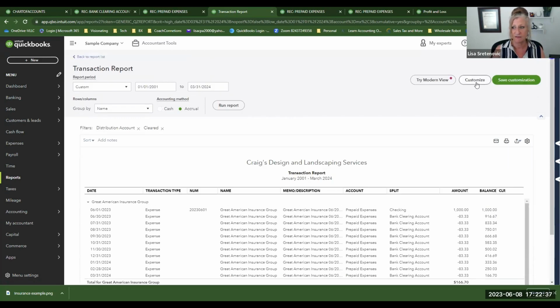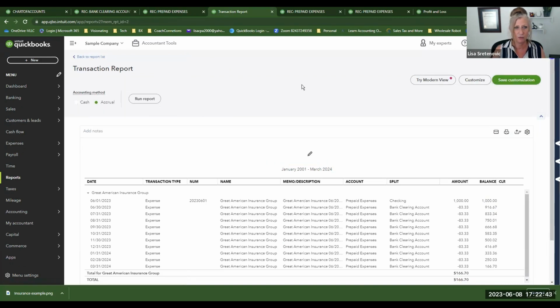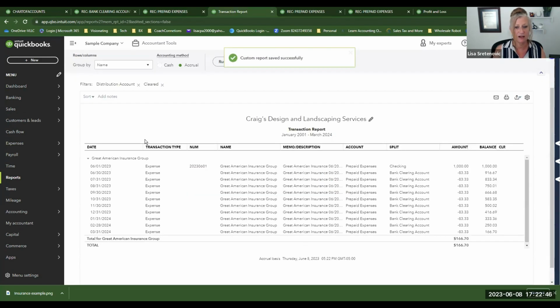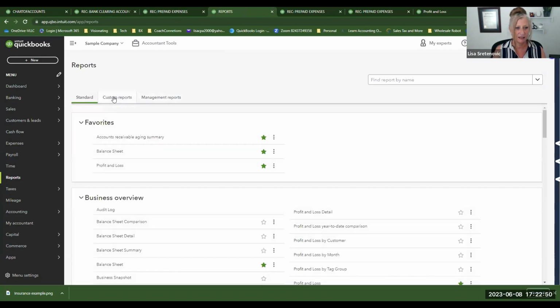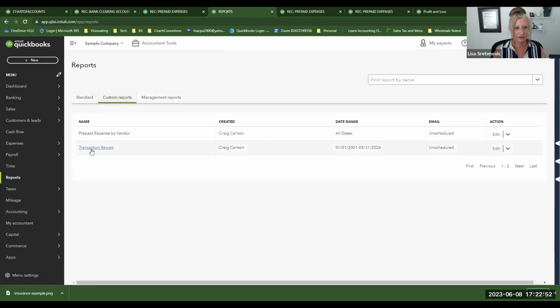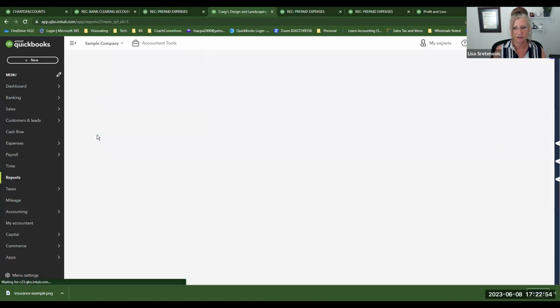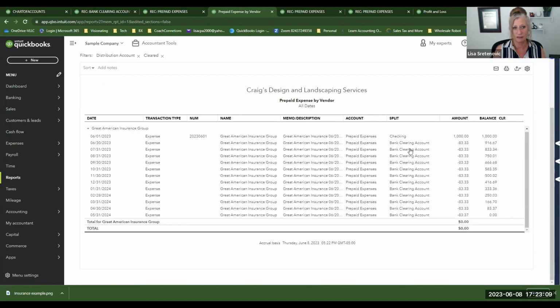I like to save this customization so that I don't have to create it every time. So if we go back to the report here, now we have the prepaid expenses by vendor. If you do all dates, then it's going to show you the 0.